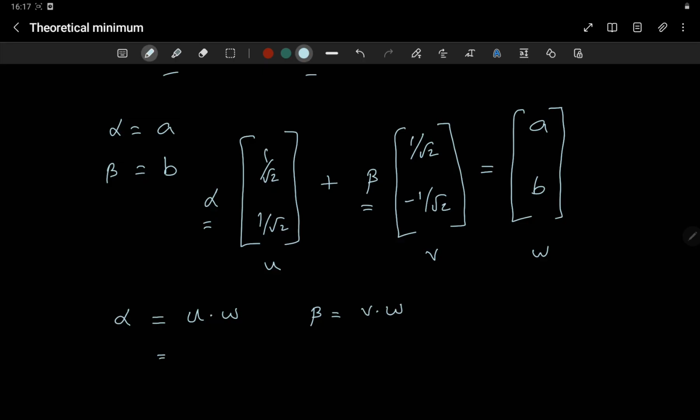You could check. So tell me, what is u dot w? Is it just a by root 2 plus a plus b by root 2? So a plus b divided by root 2, right? And beta is a minus b by root 2. You could put it here and check.